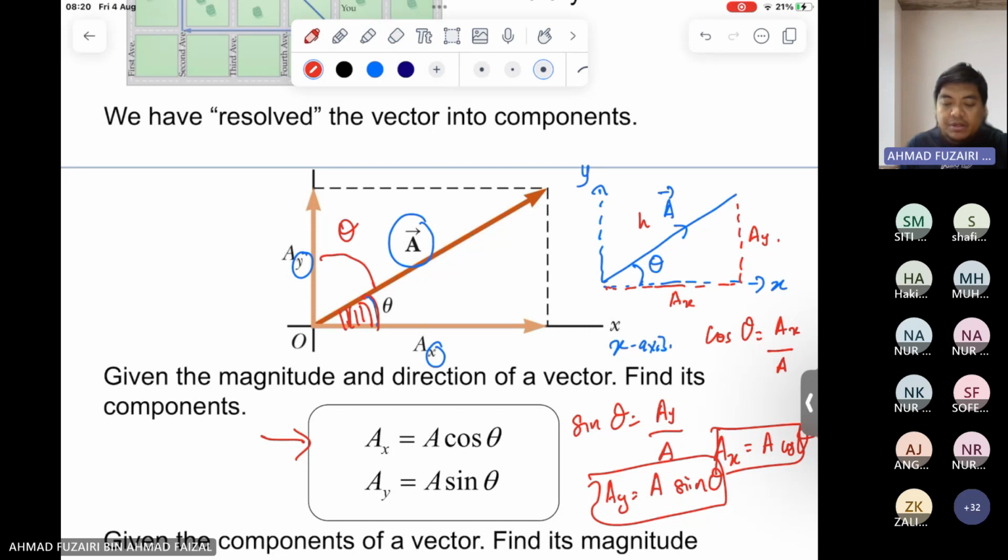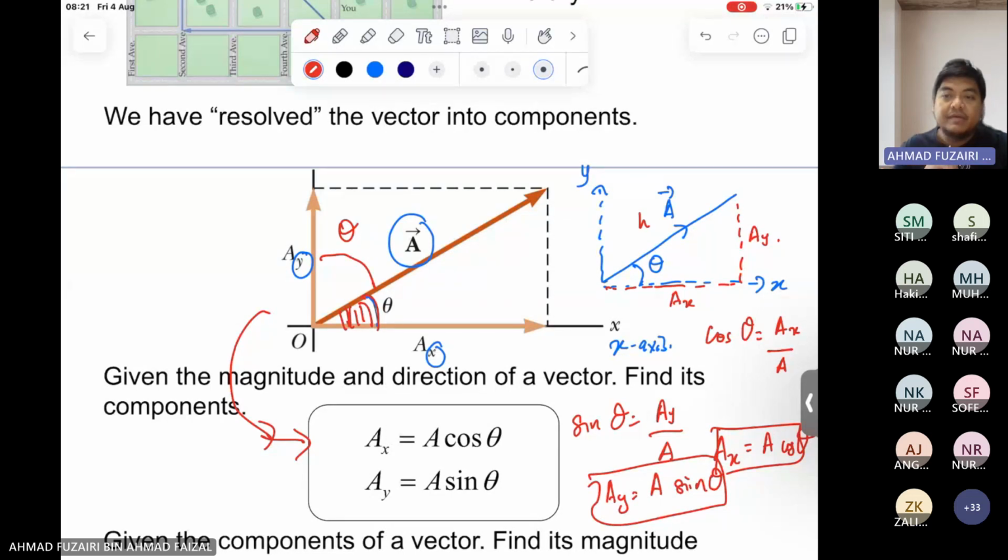Sebab angle dia selalu duduk di antara x-axis dengan vektor. Sebenarnya, angle itu boleh duduk di mana-mana sahaja. Dia boleh duduk di antara y-axis dan juga vectors.